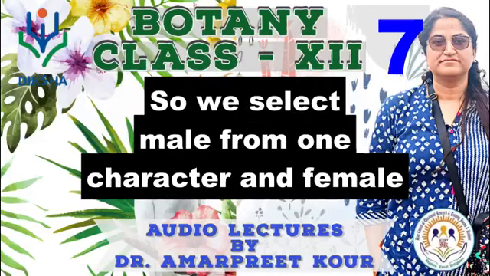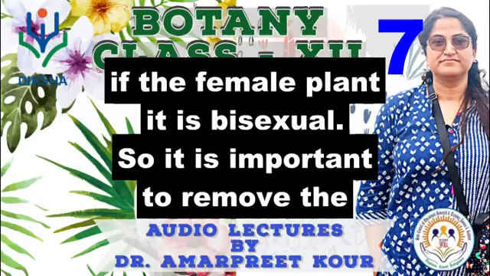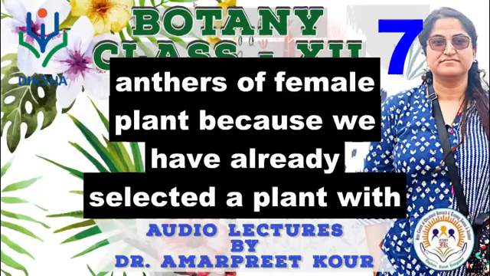Now, if the female plant is bisexual, it is important to remove the anthers of the female plant, because we have already selected a male plant with desired characters. So we remove the anthers, and this step is known as emasculation. After that is bagging.